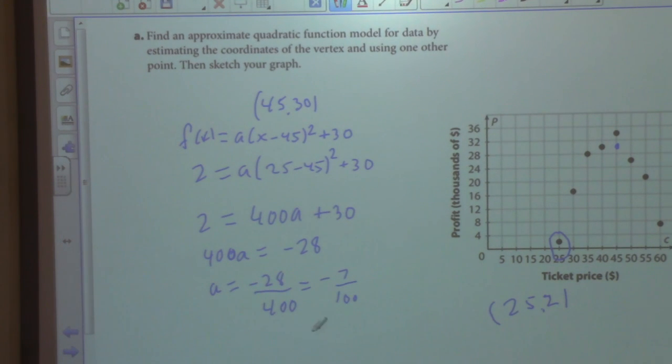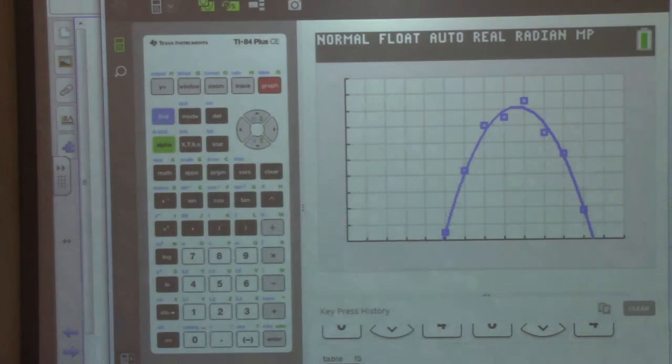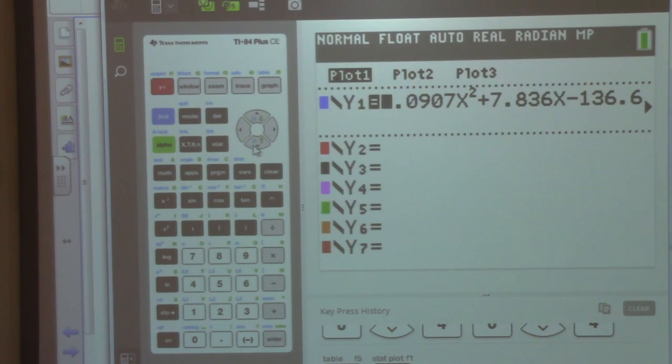All right, let's go here, Bryce. So we got f of x equals negative 7/100 times (x minus 45) squared plus 30. Is that right? Yep. Okay, let's take a look at it.